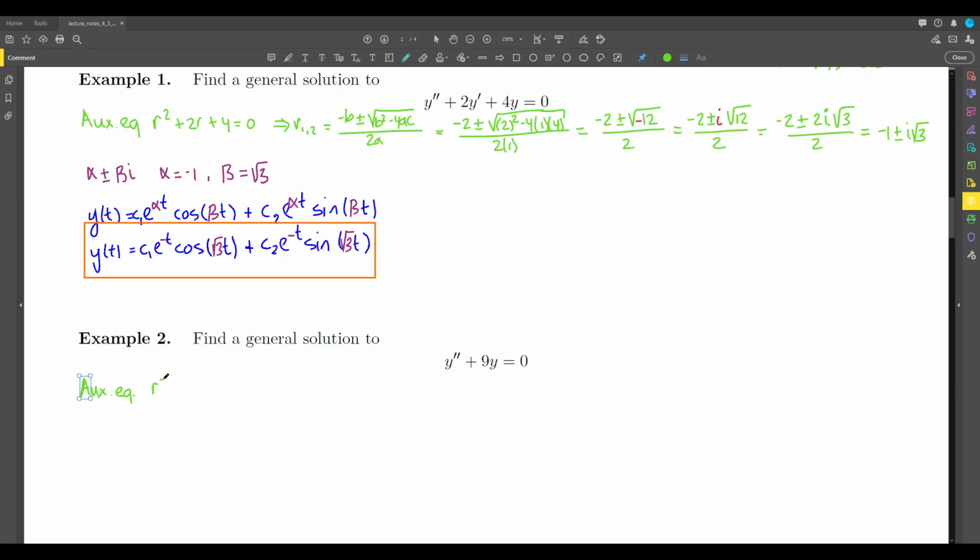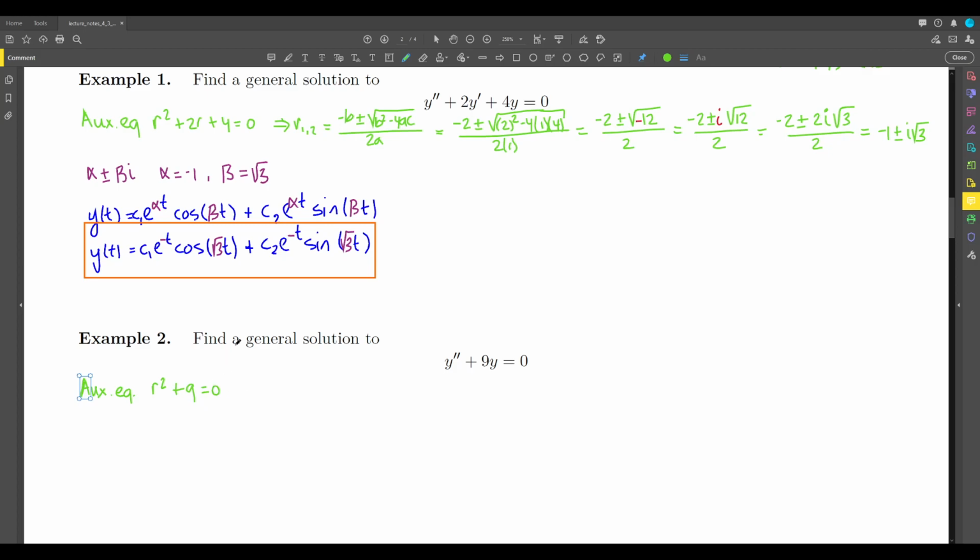The auxiliary equation is r squared plus 9 equals 0. Now, be careful that this differential equation does not have a y prime, so it does not have a term with r. We only have the r squared and the 9 for the auxiliary equation.